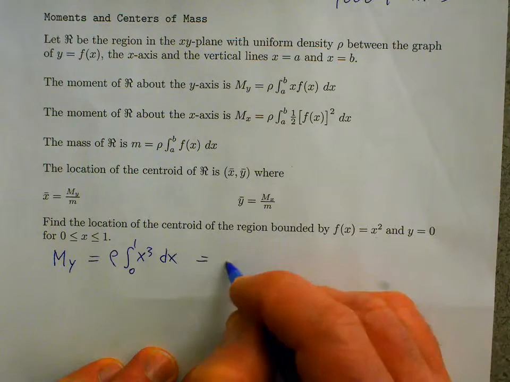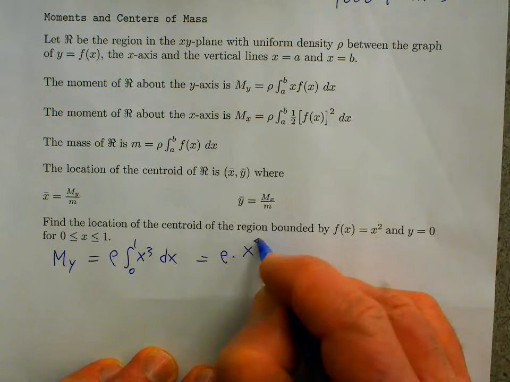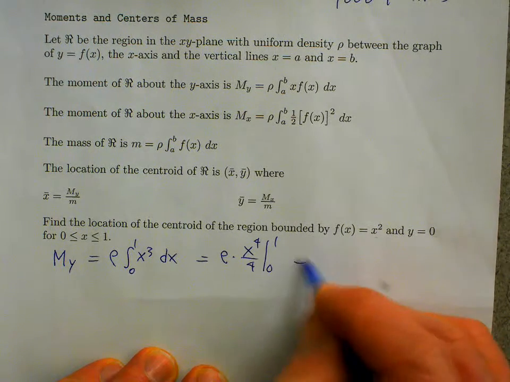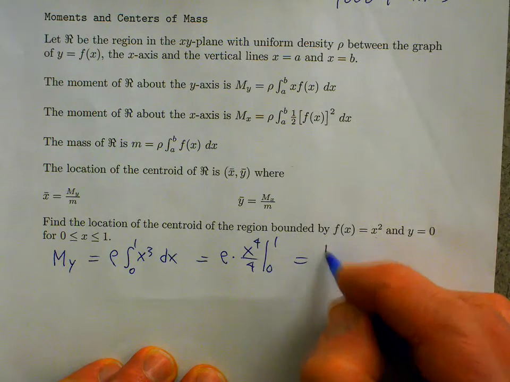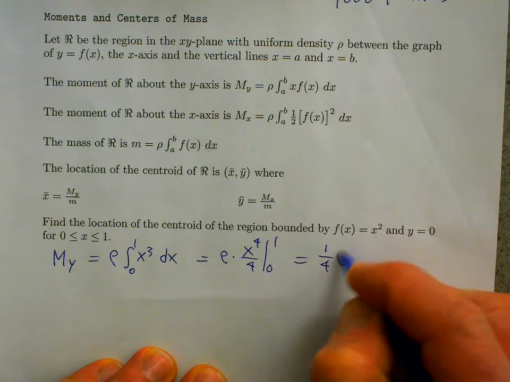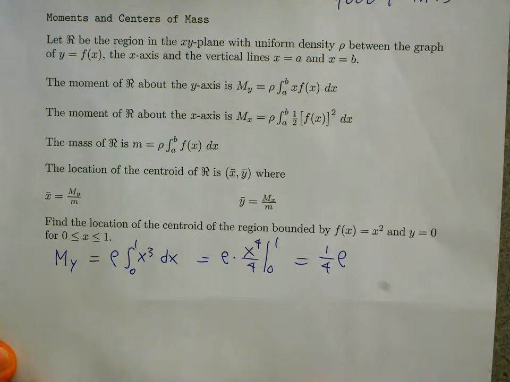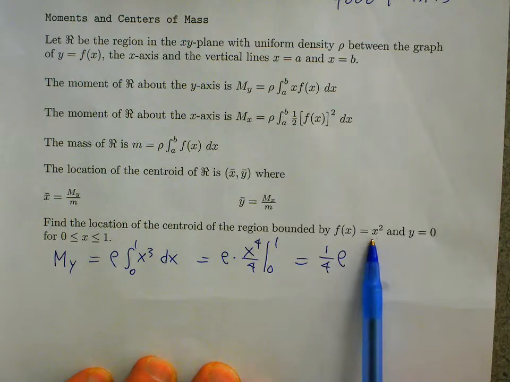So this one is rho times x to the fourth over 4 from 0 to 1. And then we can write this as 1/4 times rho. So why is it x cubed? I multiplied x squared times x.